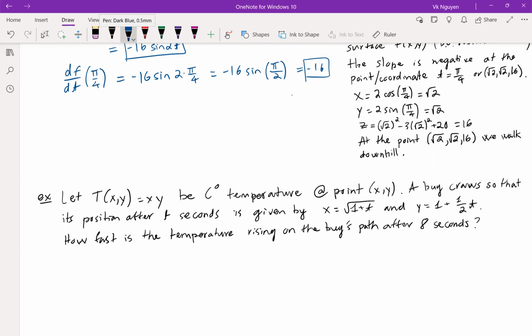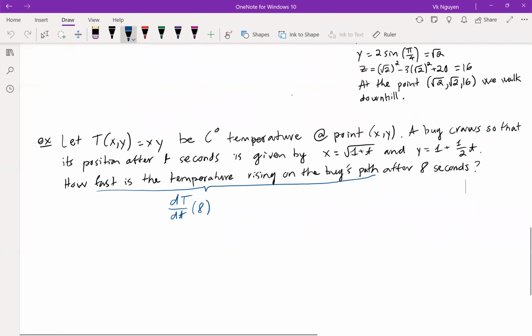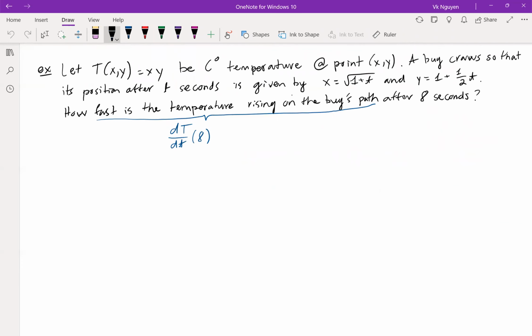How fast is the temperature rising on the bug's path? Well, it is asking for us to do dT over dt after 8 seconds. Yeah, it is what it asks us to do here. So you can do either way, right? You can either do the chain rule, or you can just do the substitution and then take the derivative with respect to t.